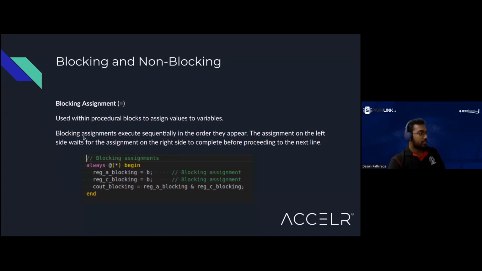In this case, the value of the right hand side is assigned as soon as it changes. So if B is assigned into reg A with blocking, A takes it as soon as B changes. So that's the blocking assignment. It doesn't rely on a clock.